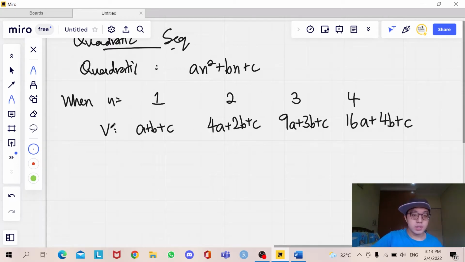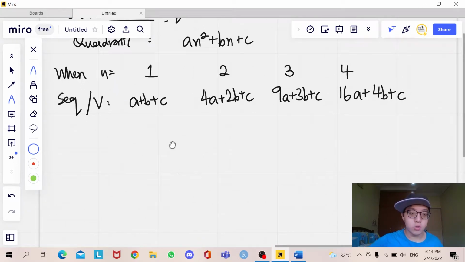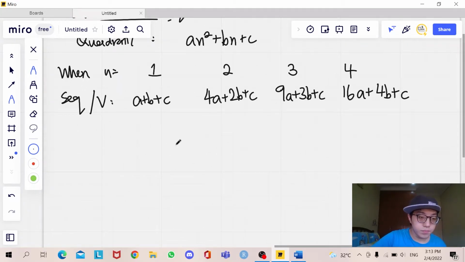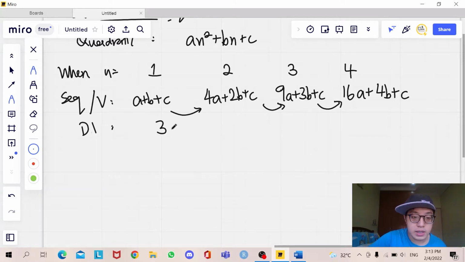This is the value, which is the sequence. And then we will first look at d1. d1 is equal to the difference when one value moves to the next value, and from here we can find out that it's 3a plus b, 5a plus b, and 7a plus b.